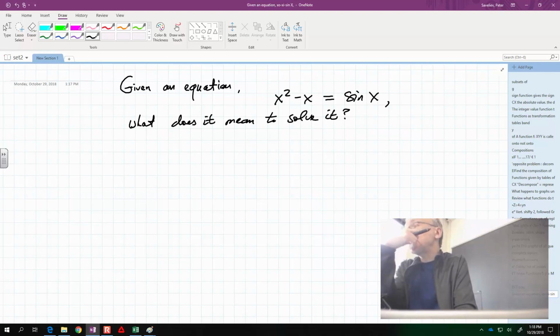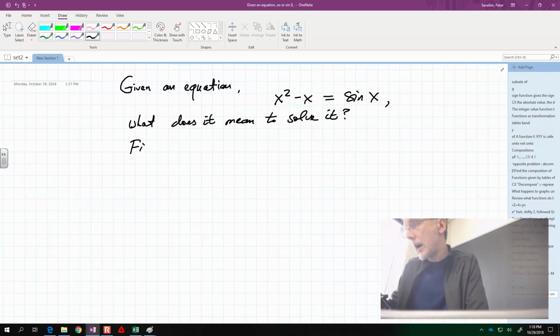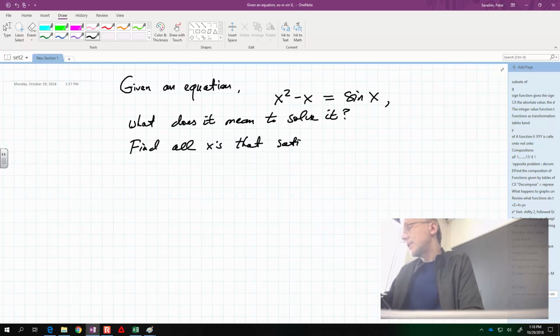No, that's not solving an equation. Solving an equation means find all x's that satisfy the equation, the end. There's nothing else. Once again, it's not about how, it is what it means.